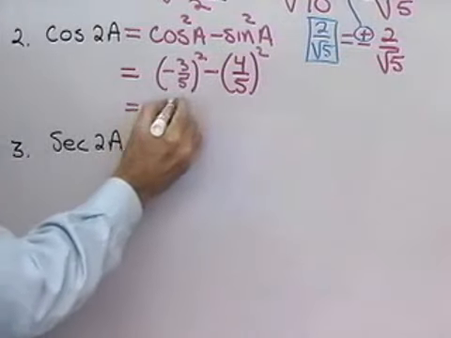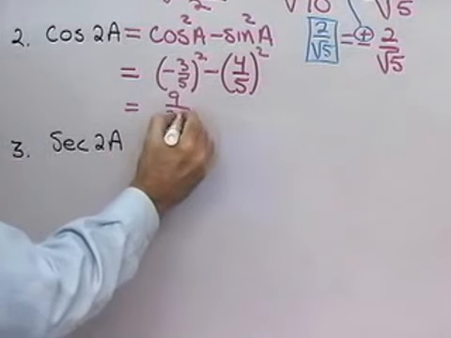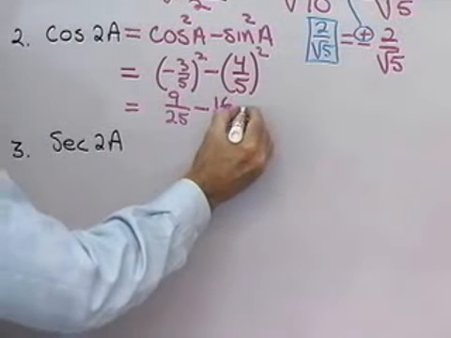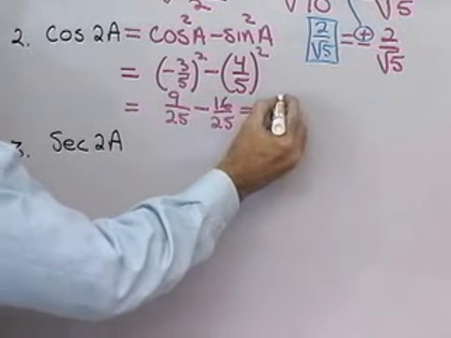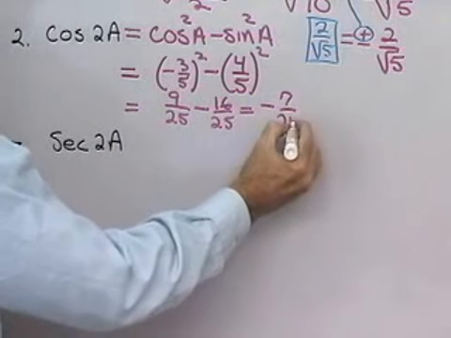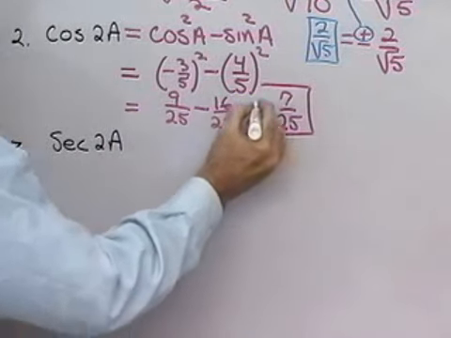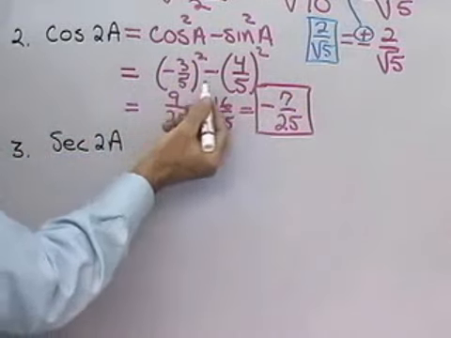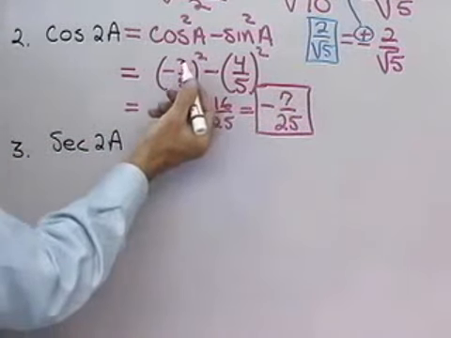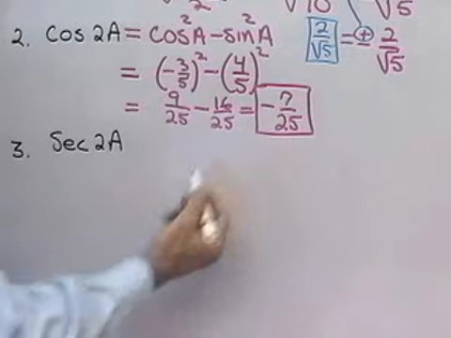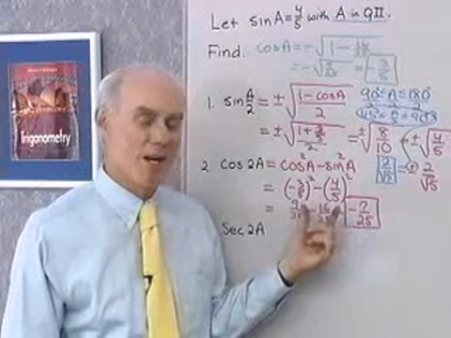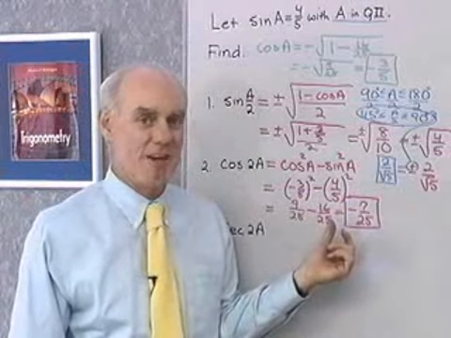So I'm going to end up with 9/25 minus 16/25. So I should end up here with negative 7/25 for the cosine of 2A. So cosine squared A minus sine squared A, substitute in the values I have from problem number 1, get negative 7/25. So that's not too bad. Pretty easy. I think the double angle formulas are a little easier than the half angle formulas.